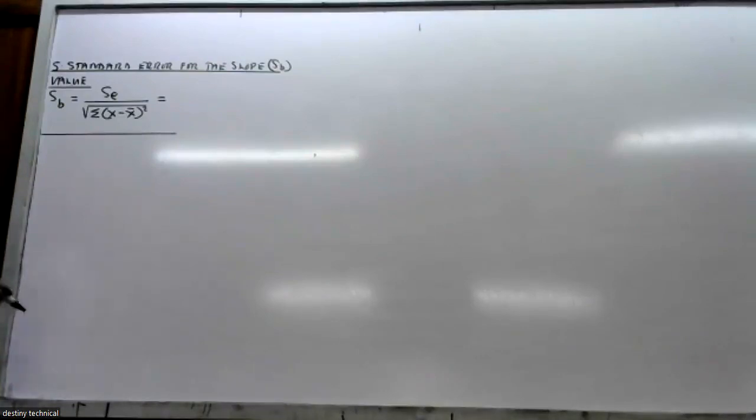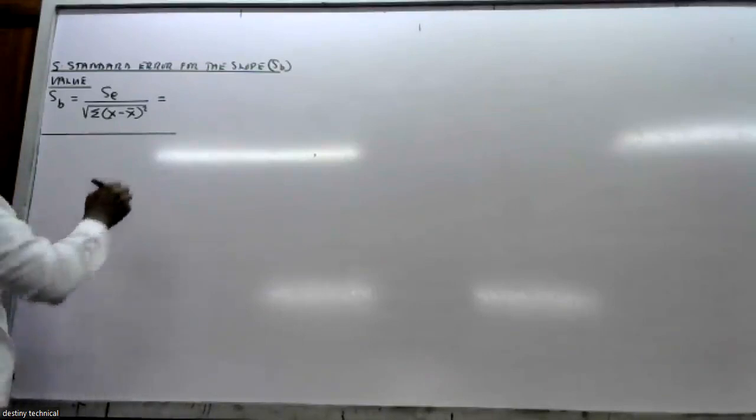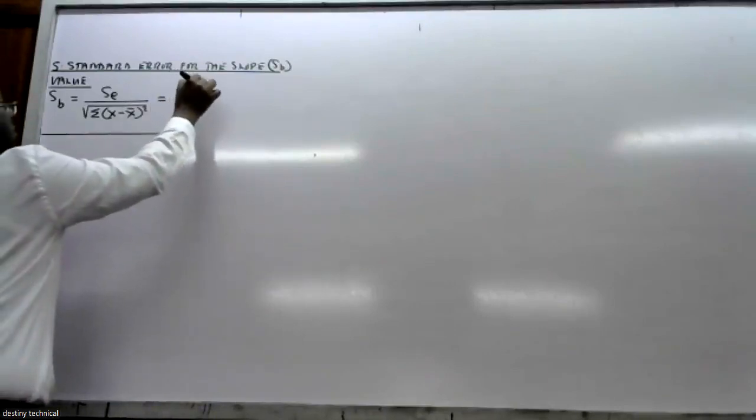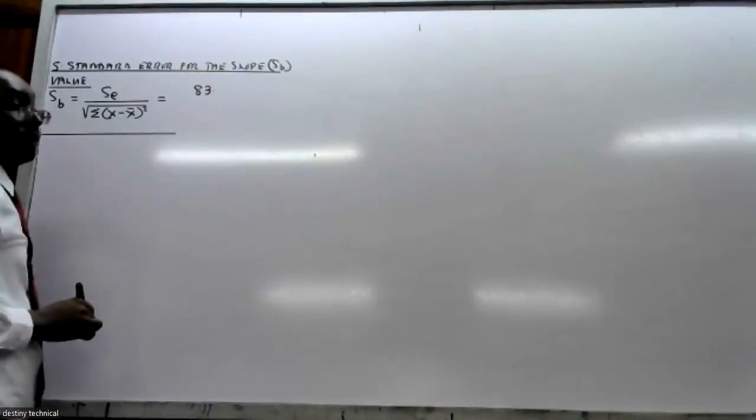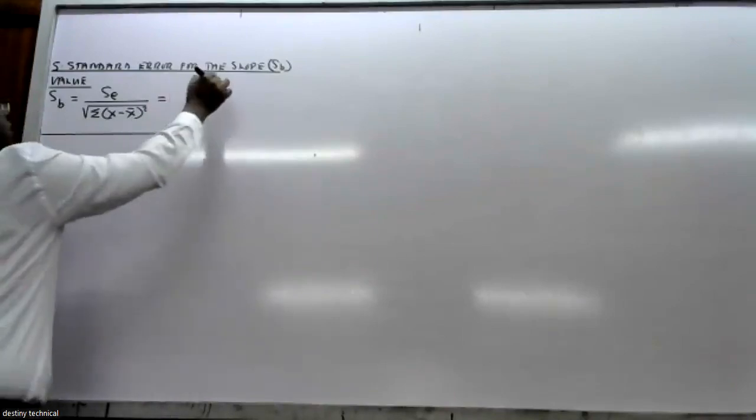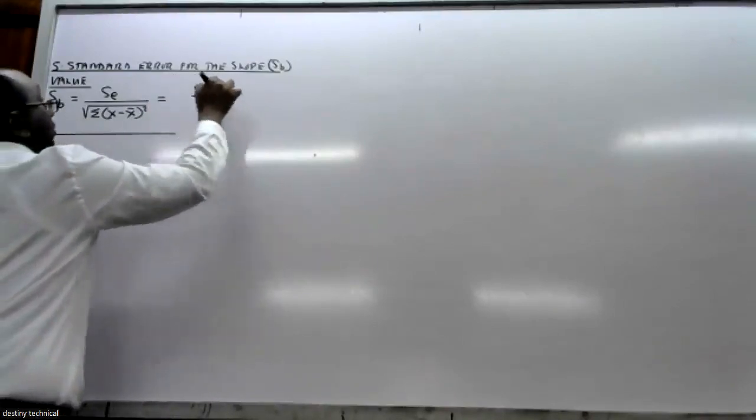Now remind me what we had gotten as SE. It was 83 point what? 3.16. Good. 83.16.